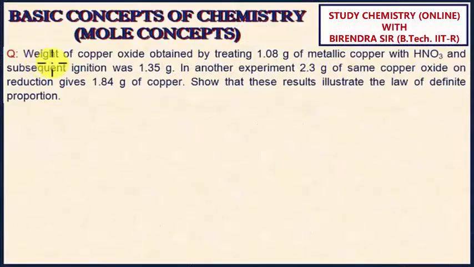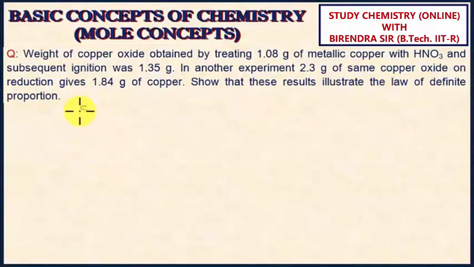The question says, weight of copper oxide obtained by treating 1.08 gram of metallic copper with HNO3 and subsequent ignition was 1.35 gram. In another experiment, 2.3 gram of same copper oxide on reduction gives 1.84 gram of copper. Show that these results illustrate the law of definite proportion.